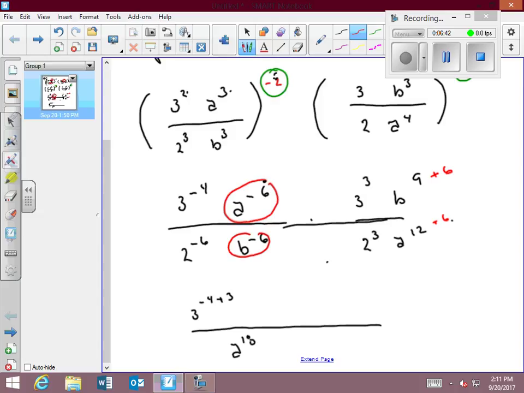Are you good with that? Okay. So then that's going to be b15. So now just to go back, I've taken care of this, I've taken care of this, I've taken care of this.